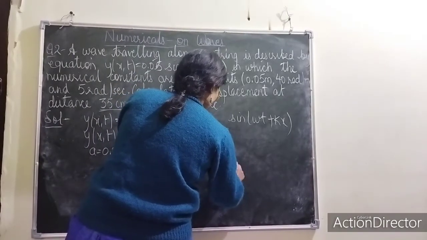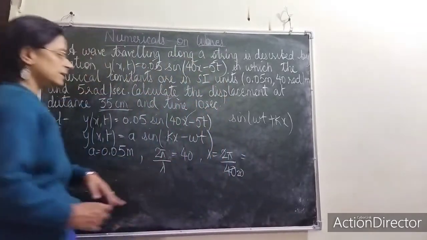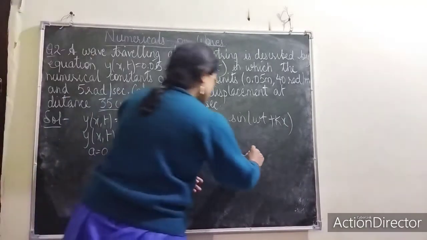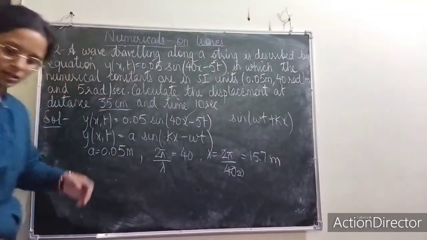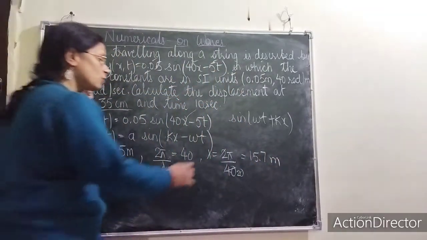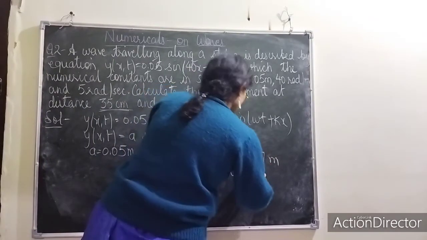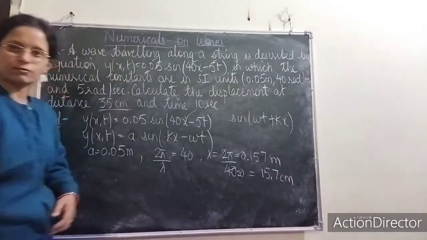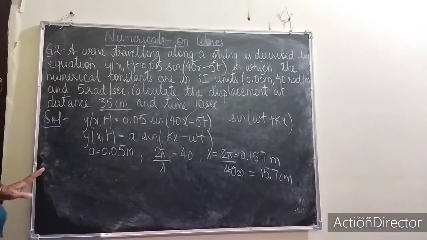It is 2 pi upon 40, which gives us pi upon 20, that is 0.157 meters, which we will write in centimeter as 15.7. So this was the value of lambda which we were getting.